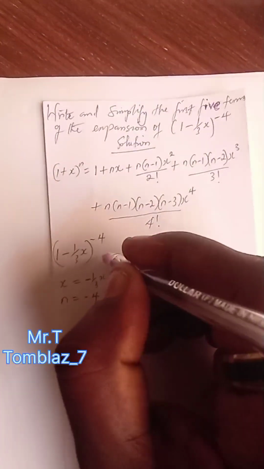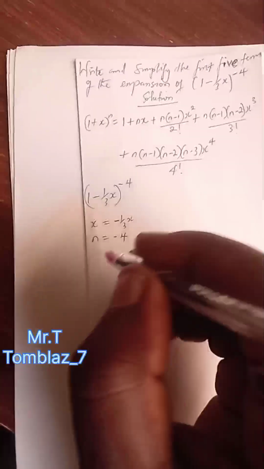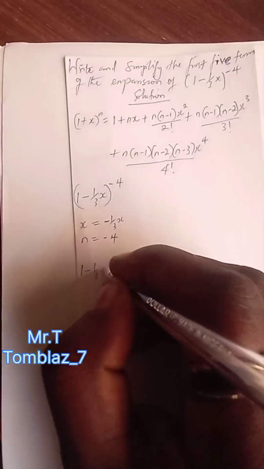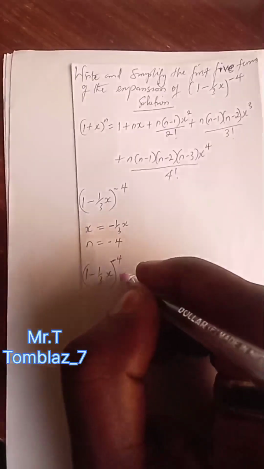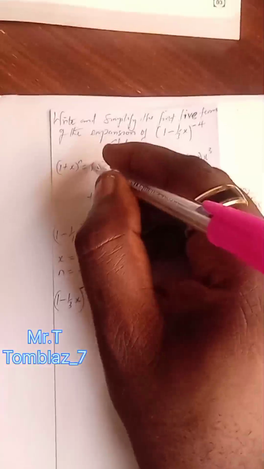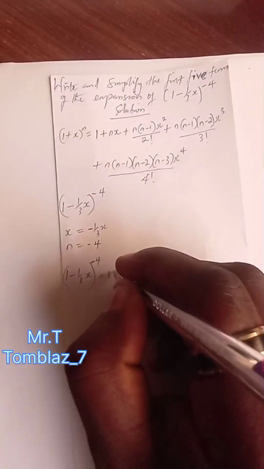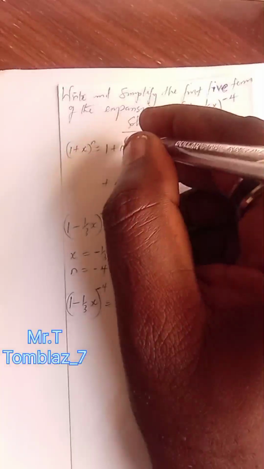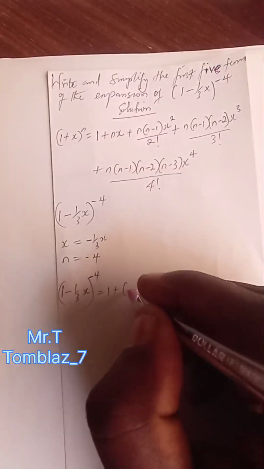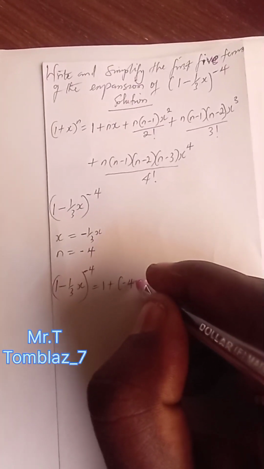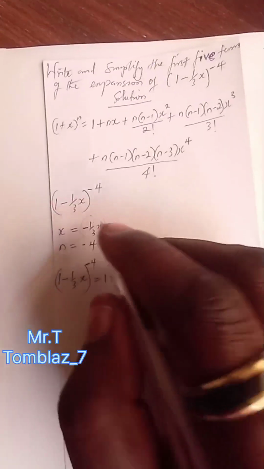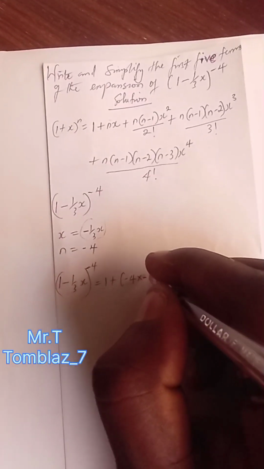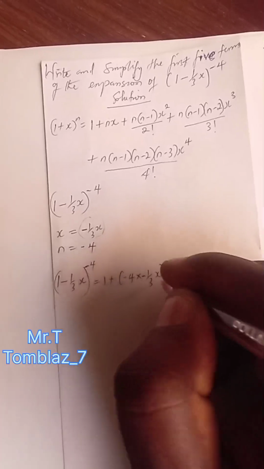So this is going to be (1 minus 1 over 3x) raised to the power of minus 4 equals 1 plus n, which is minus 4, so we're going to be putting minus 4 times x, which is minus 1 over 3x, right?